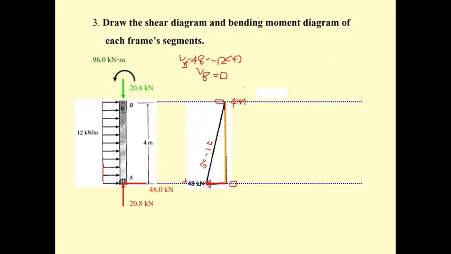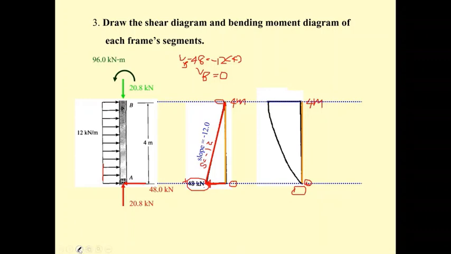And then for the moment, there is no moment at A, so the moment at A starts here at 0, and this is going to be 4 meter. However, we have the shear here, so when it starts here, the slope dM by dx is going to have some value.